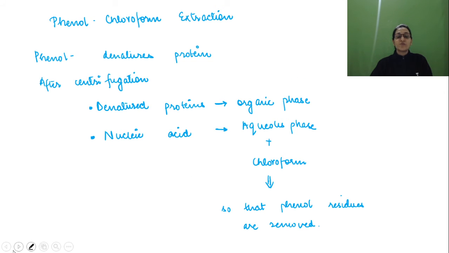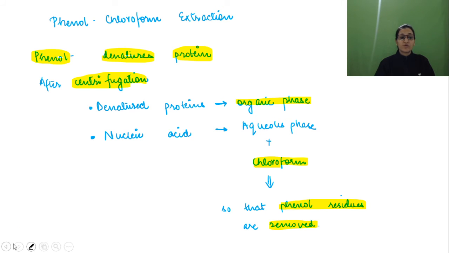Then phenol-chloroform extraction. Phenol is used for denaturing the protein, and centrifugation is done. Denatured proteins will be obtained in the organic phase, and the nucleic acid in the aqueous phase, and chloroform is used for removal of the phenol residues.